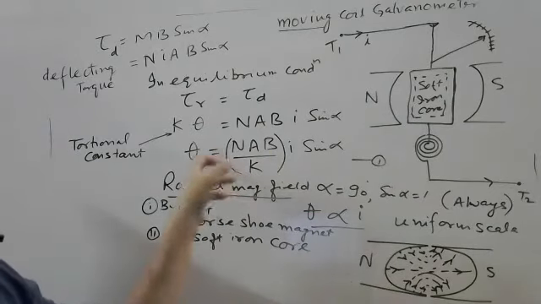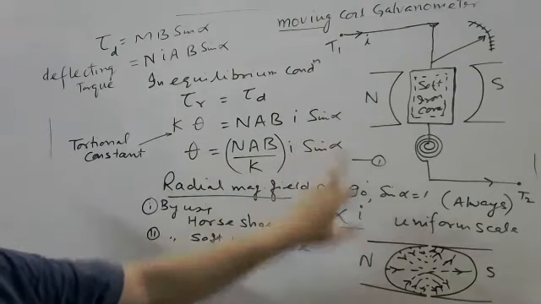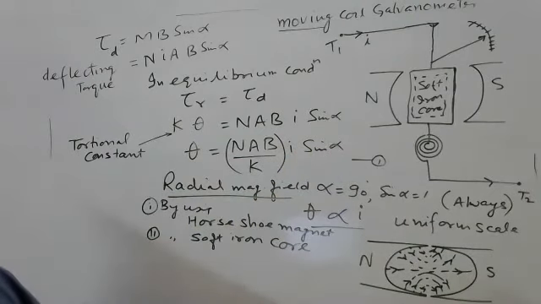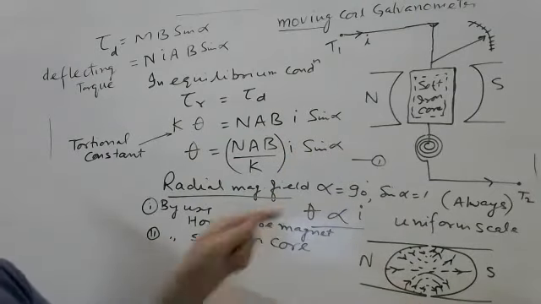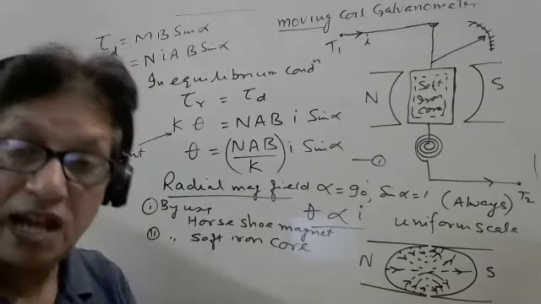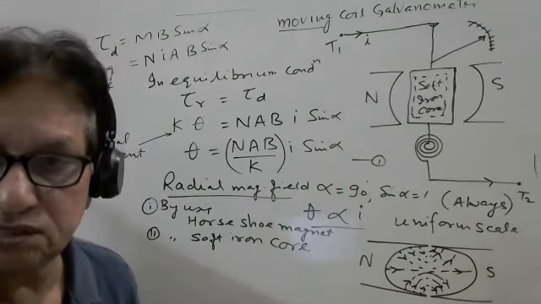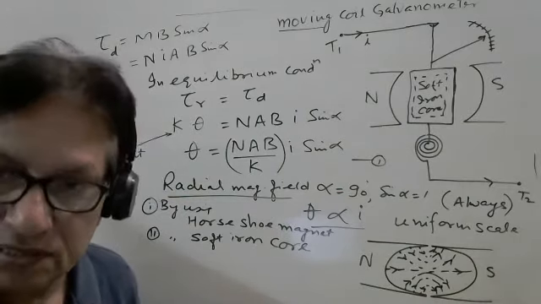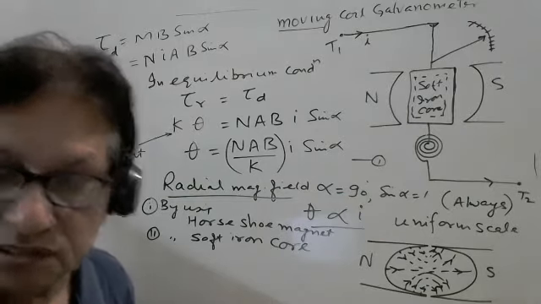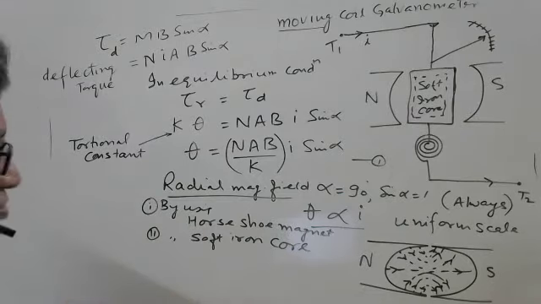Now this theta deflection depends only on current, not on alpha. The coil is rotating, still we are getting alpha constant at 90 degree at any position, for any rotation, always 90. We can do it by using these two things, soft iron core and horseshoe magnet.